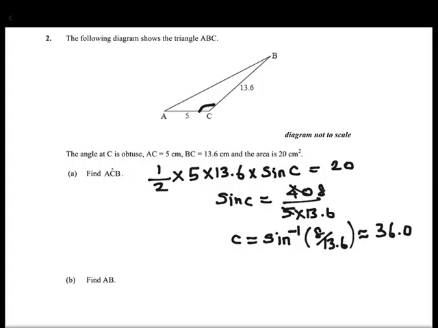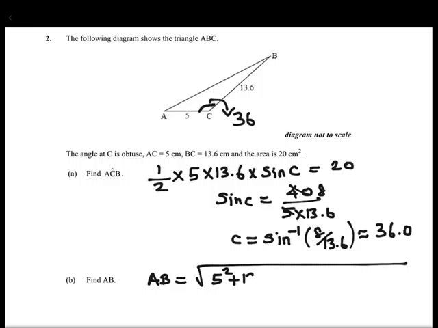Okay, now that we have got angle C, which is 36.0, I can find the length of AB now. So according to the cosine rule, AB is nothing but square root of 5 squared plus 13.6 squared minus 2 times 5 into 13.6 into cos of 36 degrees.